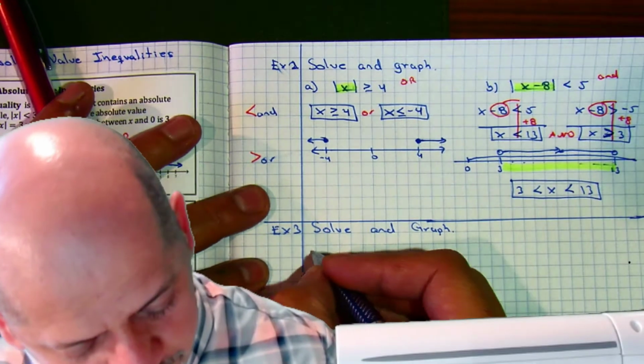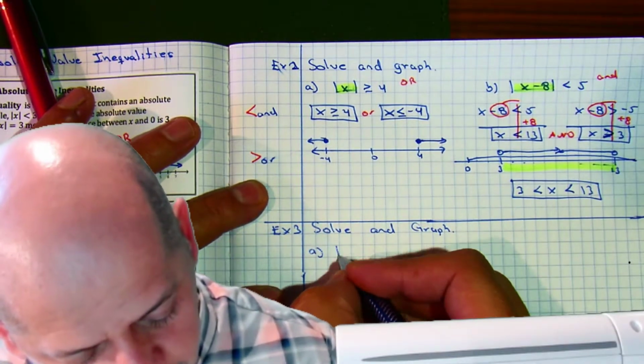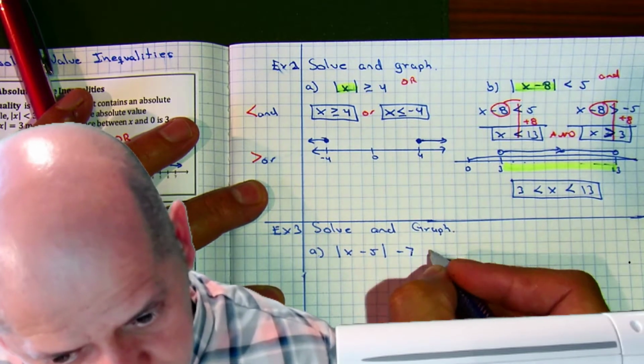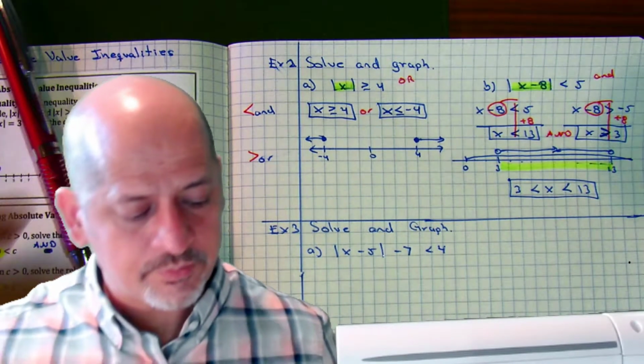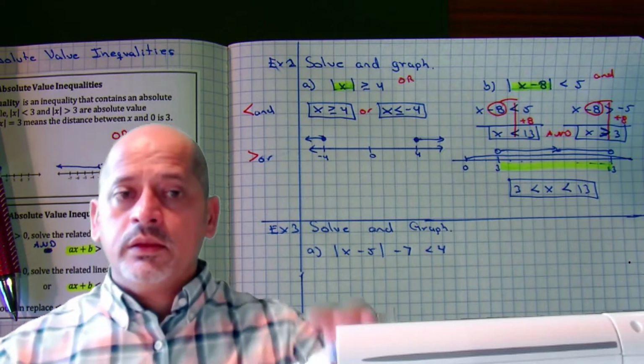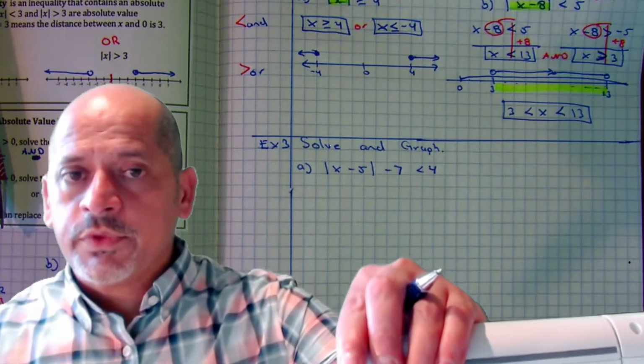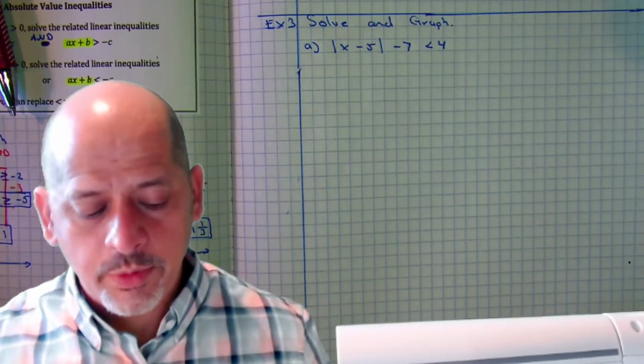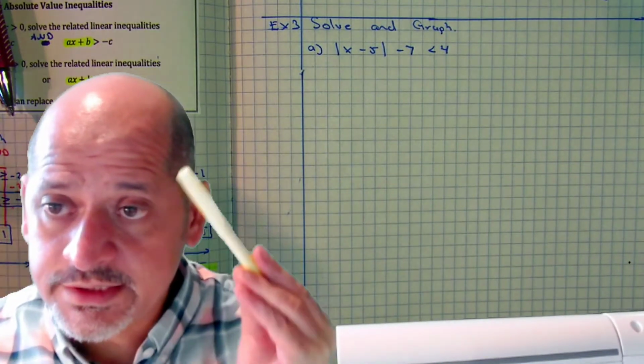it. A. We have the absolute value of x minus 5 minus 7 is less than 4. So before we actually start to solve it, you should notice that there's an absolute value.